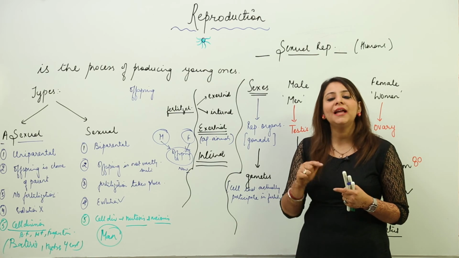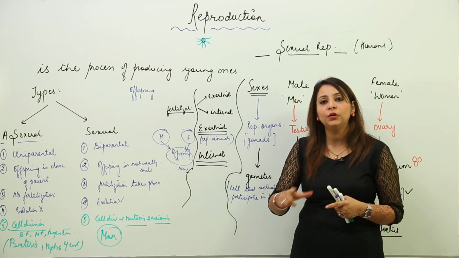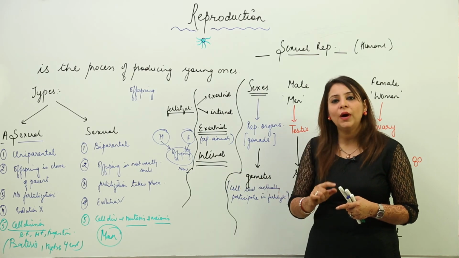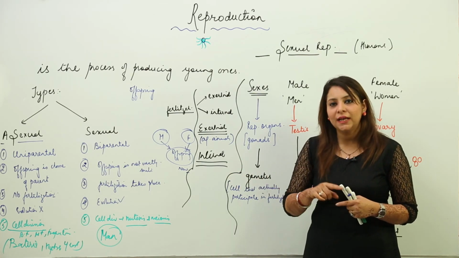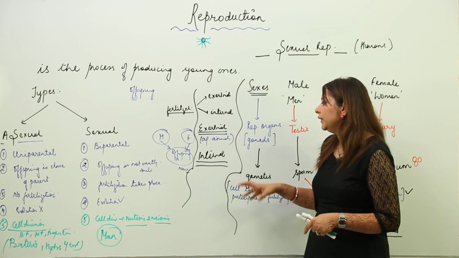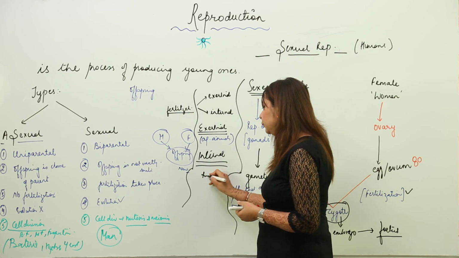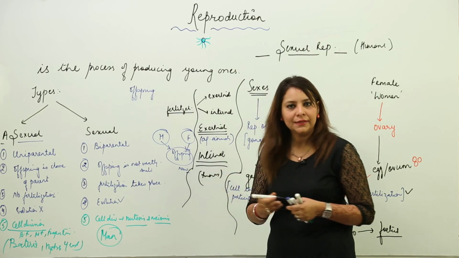Because this kind of reproduction involves the parent body, particularly the mother, it is called internal fertilization, because it makes use of the parent body. The example is all humans; we show internal fertilization.